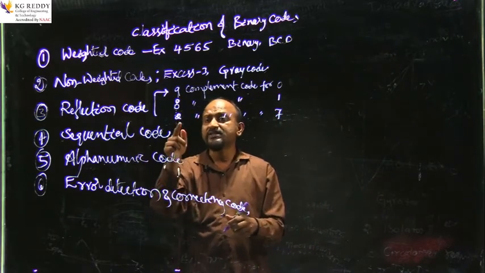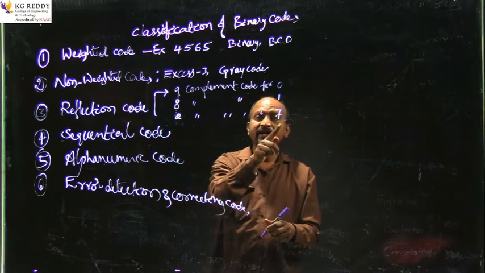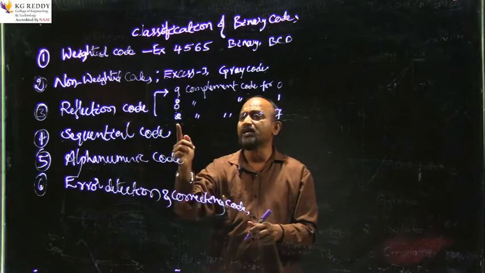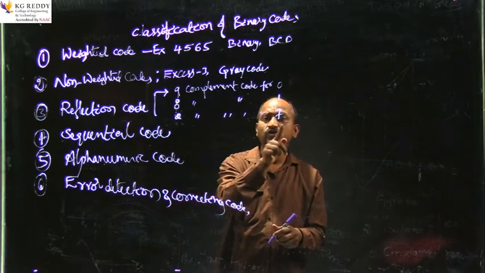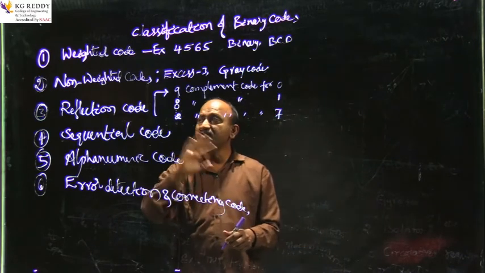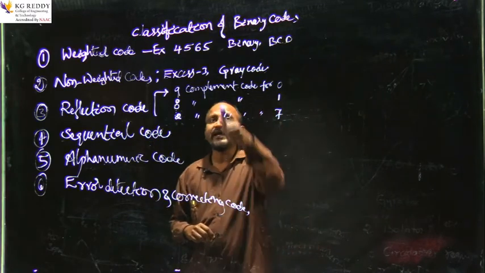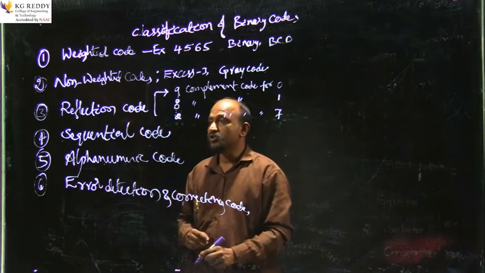Take 6: the complement of 6 is 3, and of 3 is 6. The complement of 5 is 4, and of 4 is 5. So reflection is there for each complement. These are the examples under the reflection codes.